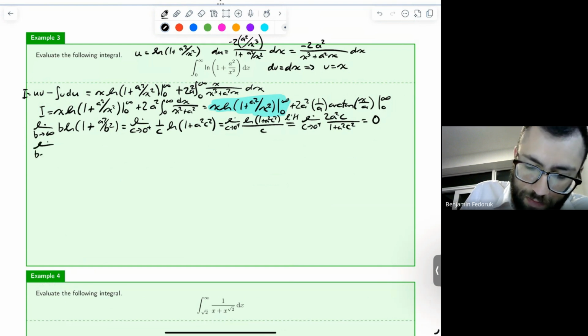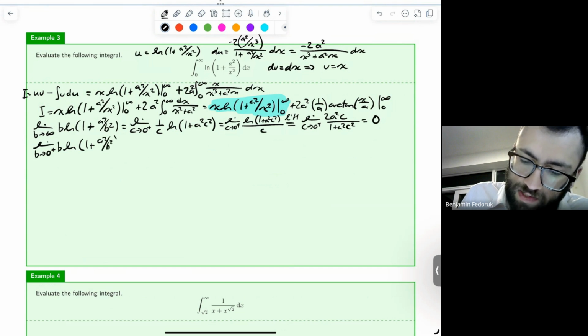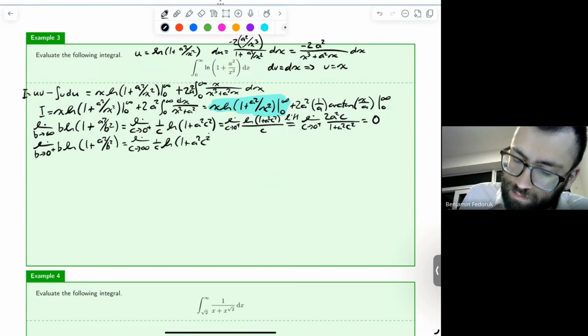Let's see if we can figure out the bottom bound. We plug in the bottom bound, so we were going to 0 from the positive. A lot of our math is going to be the same. So we'll do a swap here and make this C. And sorry, this should be C goes to infinity now because we're doing 1 over.